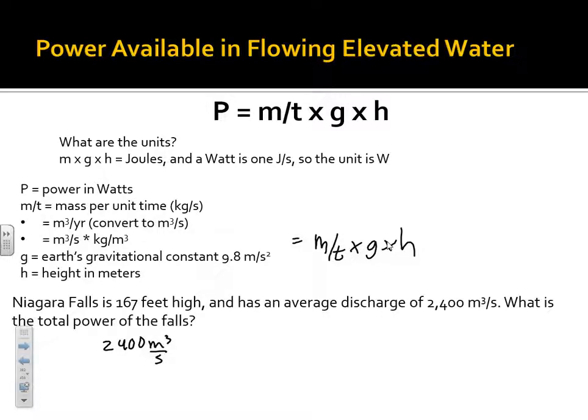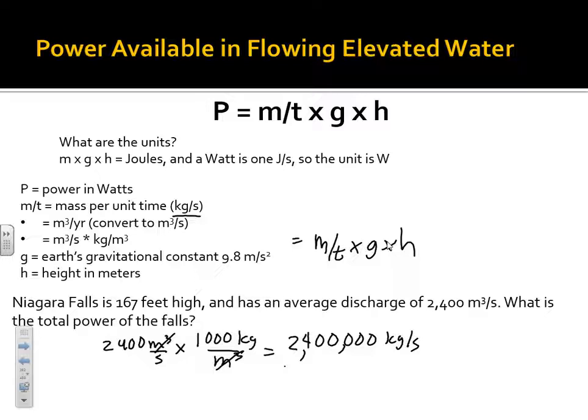Remember, we need kilograms per second. So if you remember our density conversion factor, there are 1,000 kilograms in a meter cubed. Do a little cross out. So that gives us the result in kilograms per second.